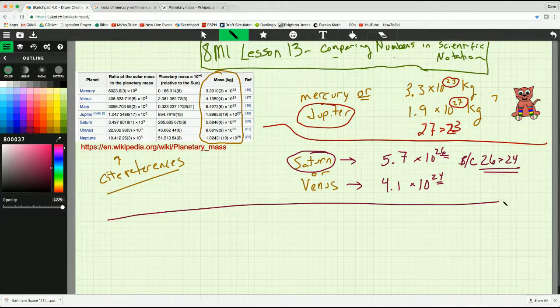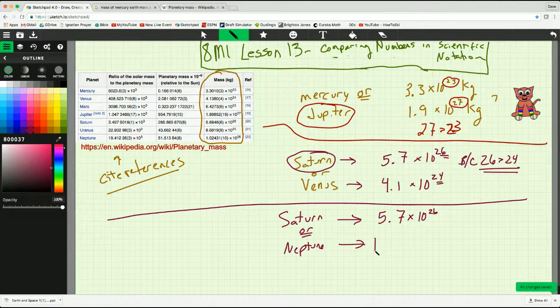All right, let's do one more and let's compare Saturn or Neptune. Okay, Saturn is 5.7 times 10 to the 26, as we just learned, or Neptune, which is 1.0 times 10 to the 26.